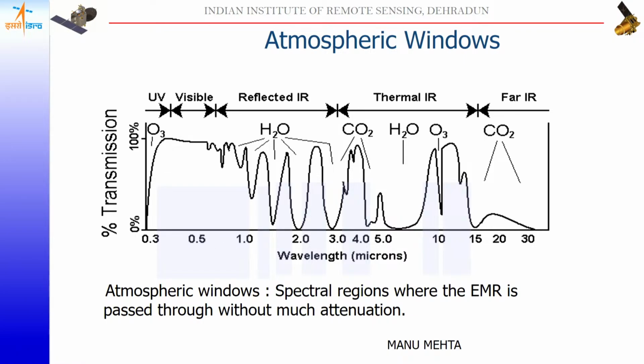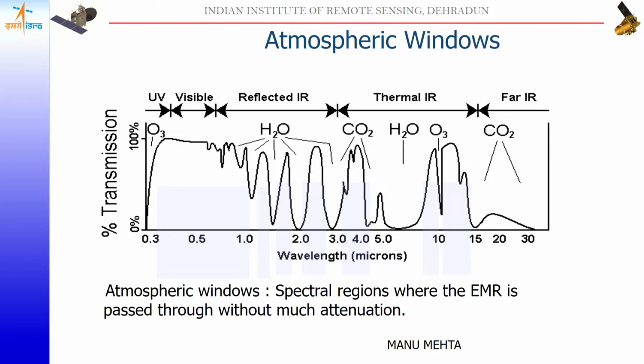Whereas if the purpose of my study is to, let's say, understand the water vapor or carbon dioxide, then I'll be interested to have a sensor in this range, because the greater dip in this channel means the greater amount of that particular gas or constituent of the atmosphere, right? So depending upon what is my purpose or what is the application, I'll be looking at different channels.